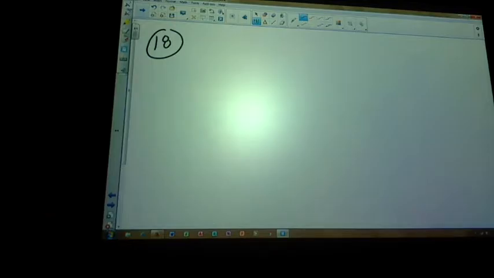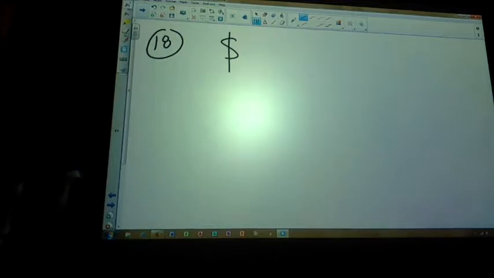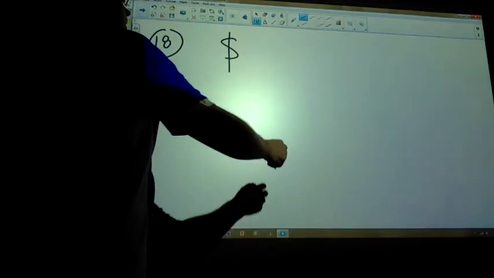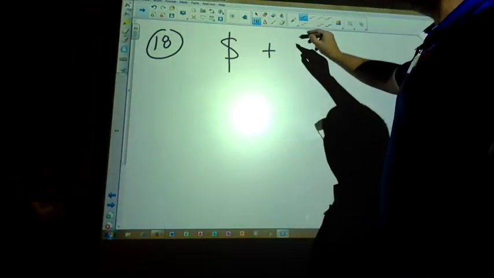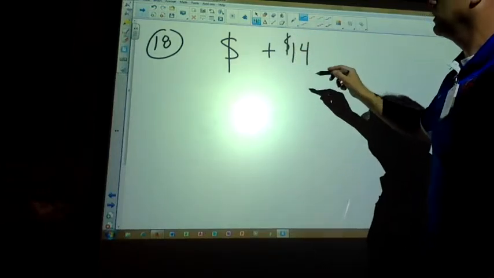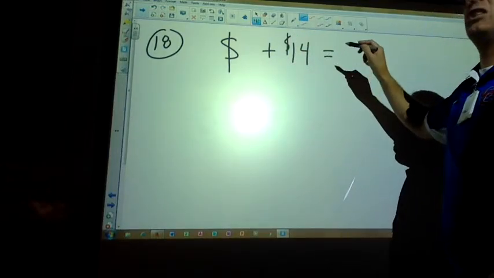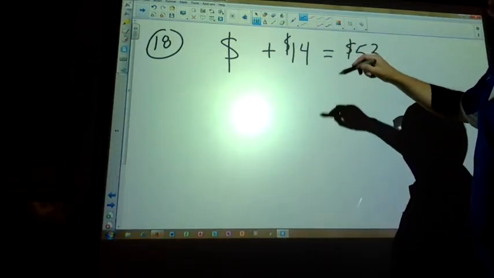Okay, so that's going to be my variable. So she had some money in this piggy bank. Birthday present came rolling along, which was $14. How much did she have now? How much did she start with?